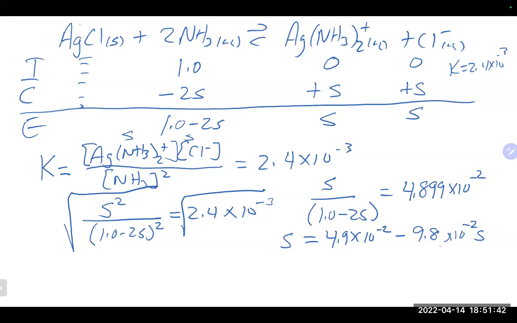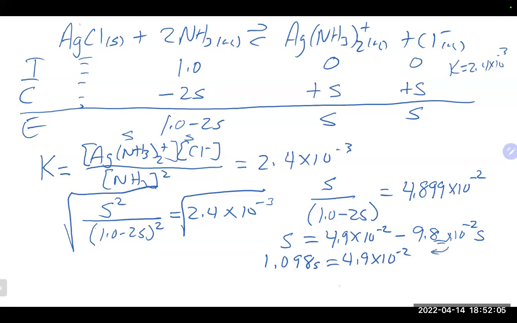We need to bring the S back to the same side, right, to combine them. So we're going to take that basically plus 1, which gives us 1.098 S is equal to 4.9 times 10 to the minus 2. Again, I just brought this to the other side, basically added it back over.